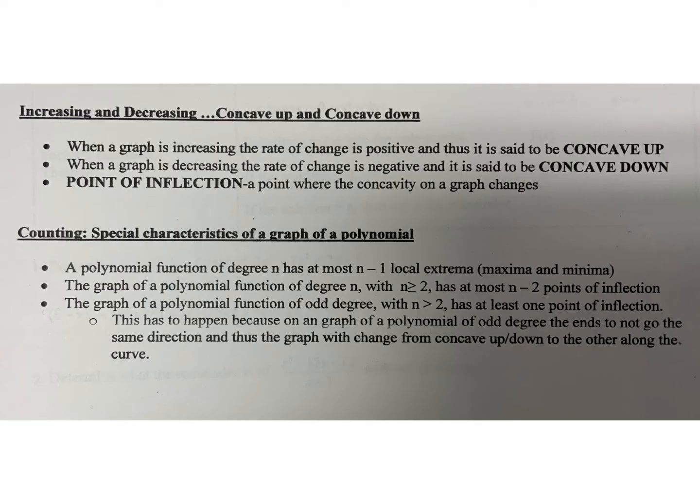Okay, a couple vocab words that we need to talk about. You've learned about increasing and decreasing, but let's look a little bit closer. This first one says when a graph is increasing and positive, it is concave up. So increasing, concave up; decreasing, concave down. Point of inflection is the point where the concavity changes on the graph. Let me draw a quick picture.